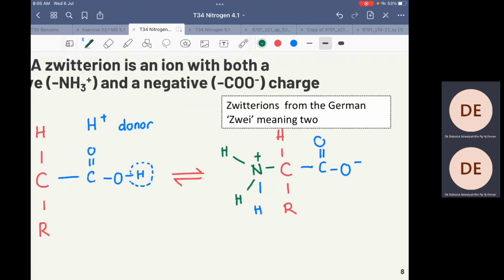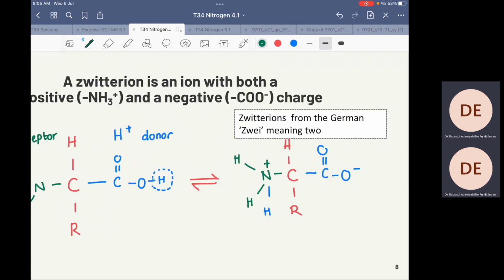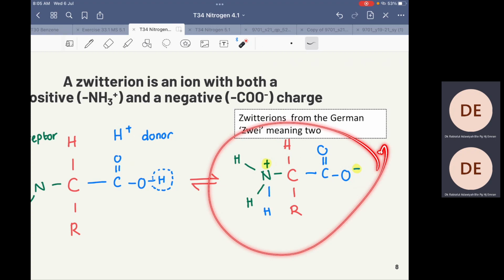So you can see that there is a dipolar ion. So this is called a dipolar ion because it's got negative and positive charge on the same molecule. Now, if you have a +1 charge and a -1 charge, the overall charge of the molecule is still neutral.